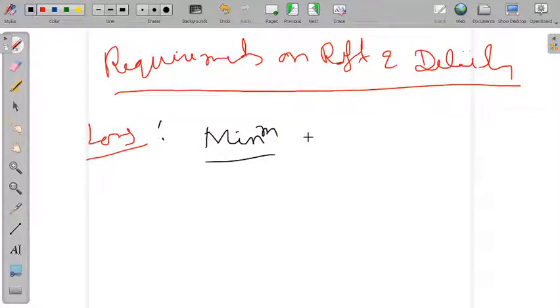Okay, what it is saying is that the minimum reinforcement should not be less than 0.8% of the gross cross sectional area of the column. So whatever the B and D is given, find out the gross cross sectional area, and this value should not be less than 0.8%. That is the minimum reinforcement.